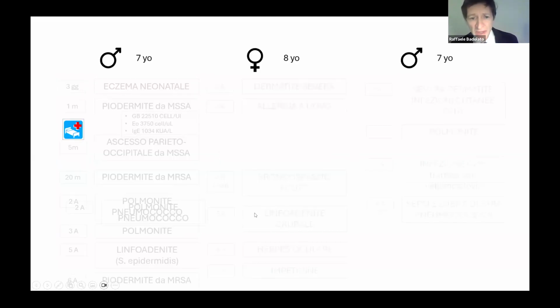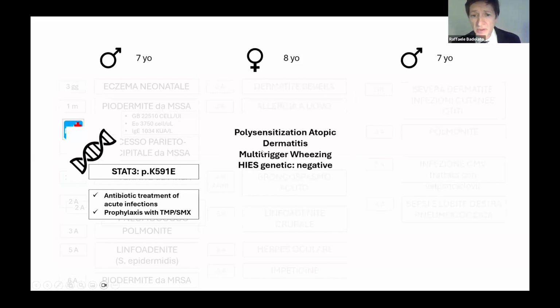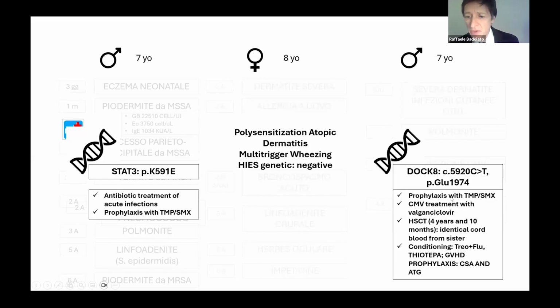Coming to the genetic features of these patients, the first patient carried a STAT3 mutation, a loss of function mutation. The second patient had no identified mutations, and was probably just sensitized to allergens. And then the third patient was carrying a DOCK8 mutation.